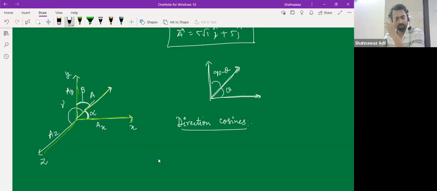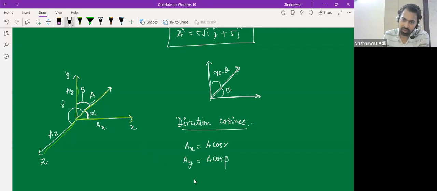So Ax would be simply A cos alpha, Ay would be simply A cos beta, and Az would be simply A cos gamma.